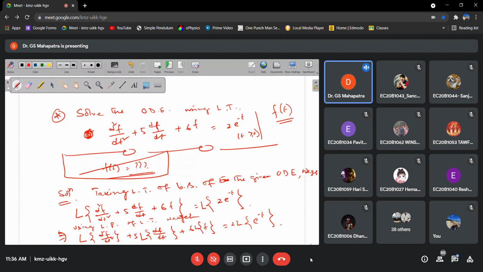Before we go to the next step, I have a query. What is the order of the differential equation? It is 2.